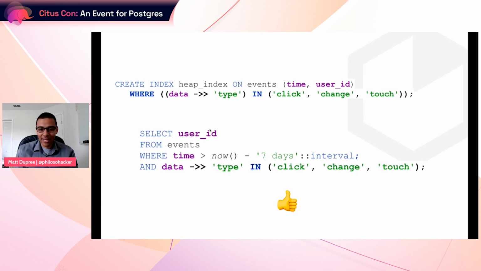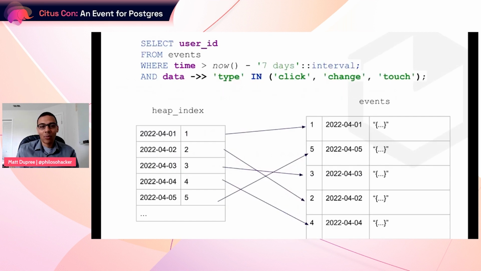And this kind of makes sense if you think about it, because the user ID is in the index, the time is in the index. We can see that these things are bolded. And then the where clause of the query, this data type in click, change, touch, matches the where clause of the index declaration. And so Postgres actually does something kind of smart here. When it goes to look at the data to satisfy this query, it looks at the index.